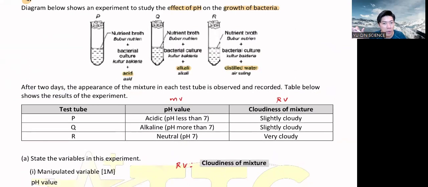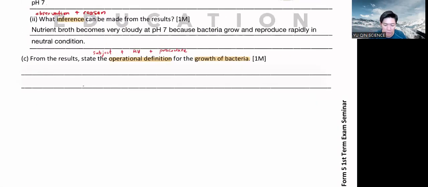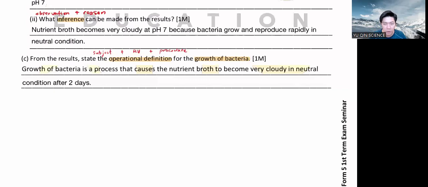That's the procedure part. So the formatting is like that. It applies to every question. Practice a few times and you get the hang of it.